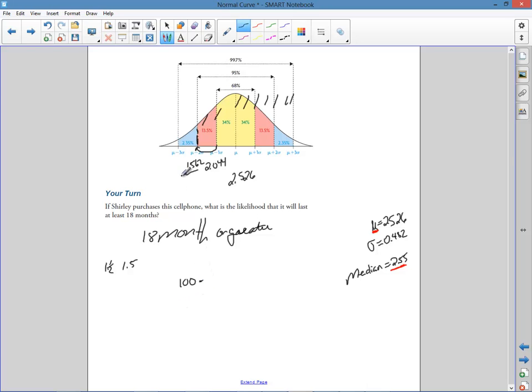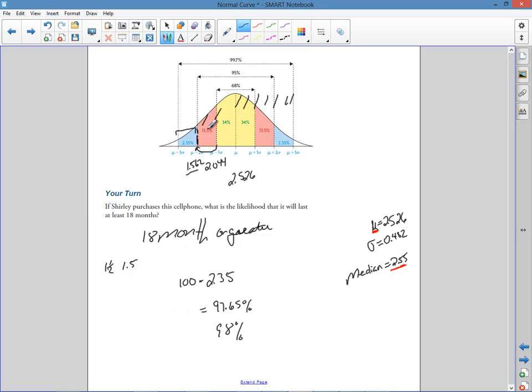If I take away the case where the cell phone wouldn't last that long, there's only a 2.35% chance that the phone would not last 18 months. So if I remove that from the situation, then I'm going to be left with the cases where it will last that long. So approximately 97.65%, or roughly about 98% chance that the phone would last at least 18 months.